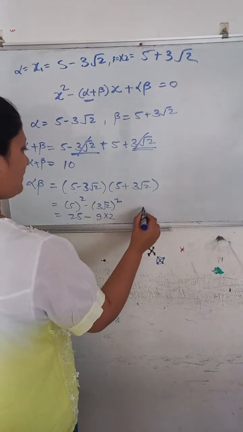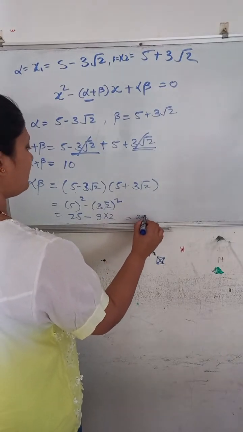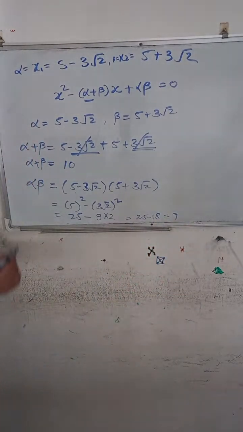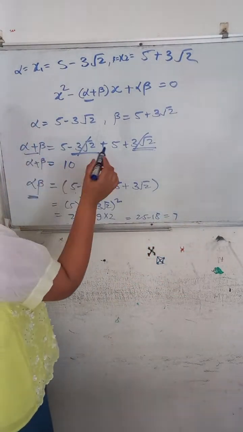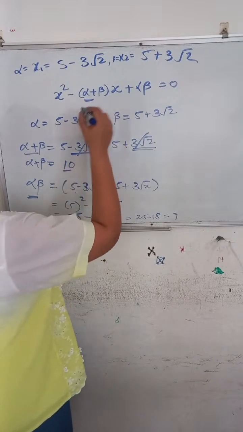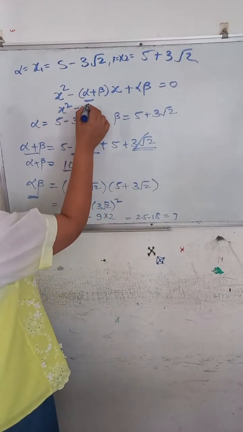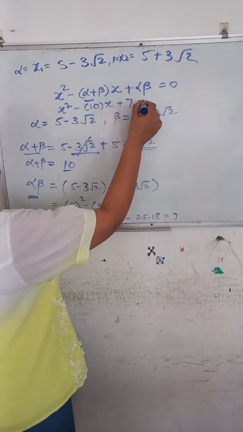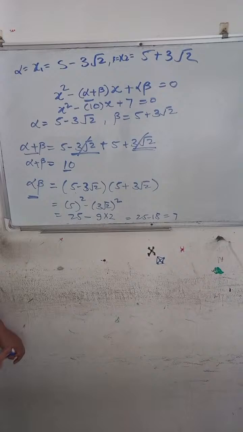So that is 25 minus 18, which is equal to 7. So I got alpha into beta as 7, and alpha plus beta is 10. Now substitute here: x square minus 10x plus 7 is equal to 0. So this is the quadratic equation form.